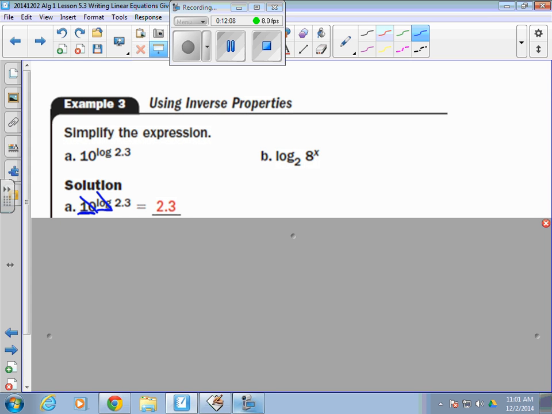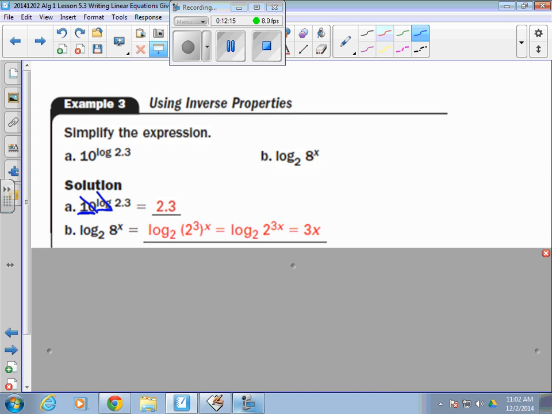So right there, for the next one, it says log base 2 of 8 raised to the x power. Okay, got a lot of stuff to do here. So look at it real quick. What we're trying to do is separate these two real quick. Log base 2 means this is going to be 2 to what power?